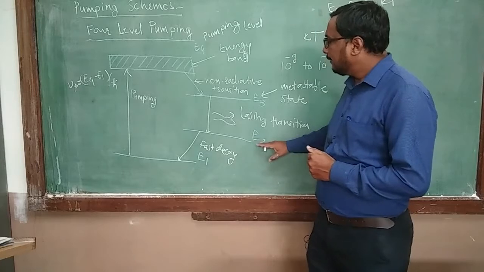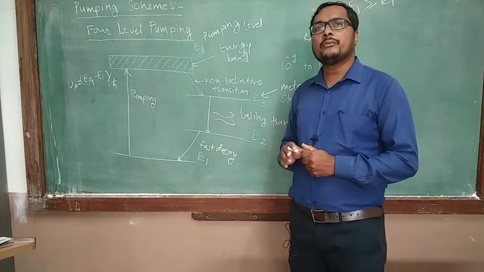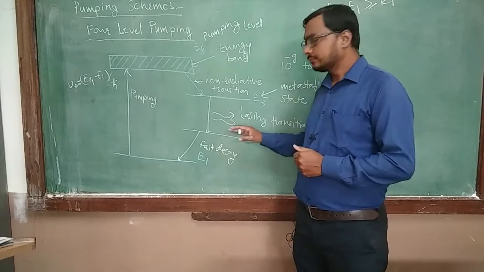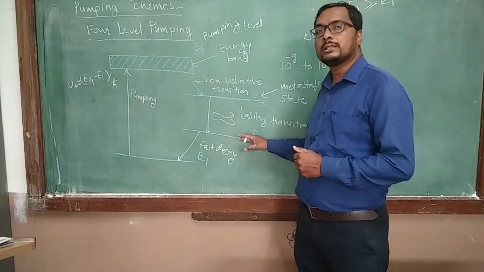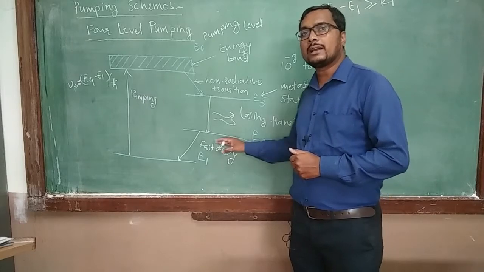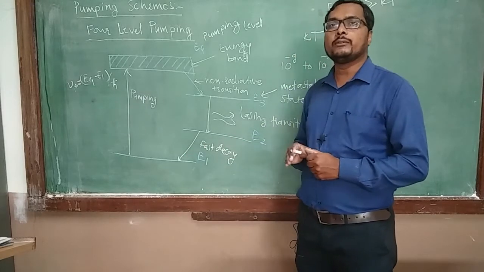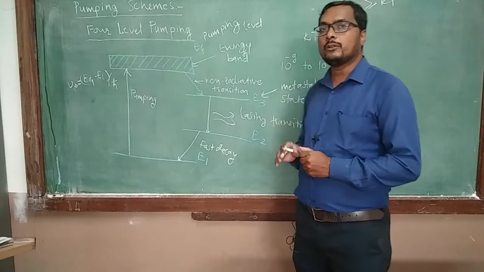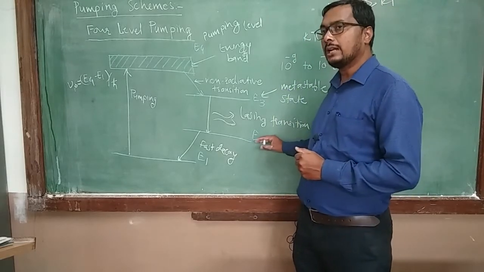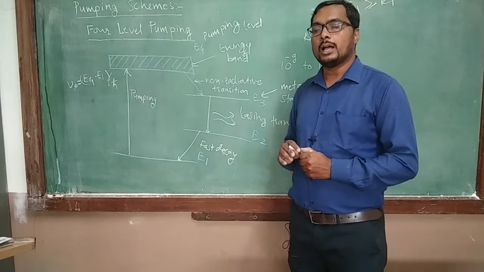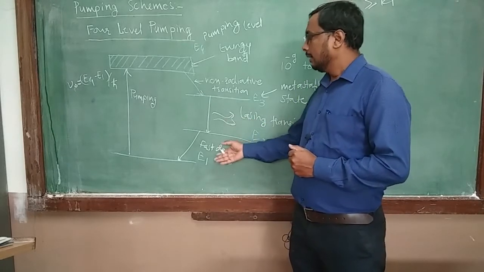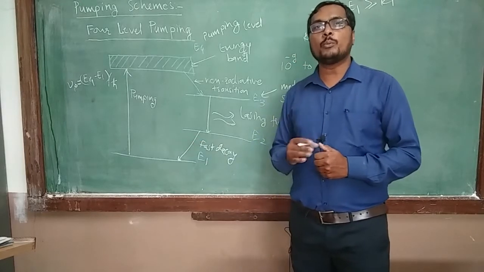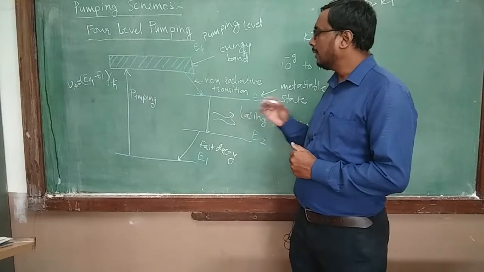Also, the lifetime of level E2 is very short, and therefore the atoms coming to level E2 immediately go to level E1 and are immediately available for pumping, and therefore there is no accumulation of atoms in level E2, and therefore this 4-level scheme requires low pumping power.